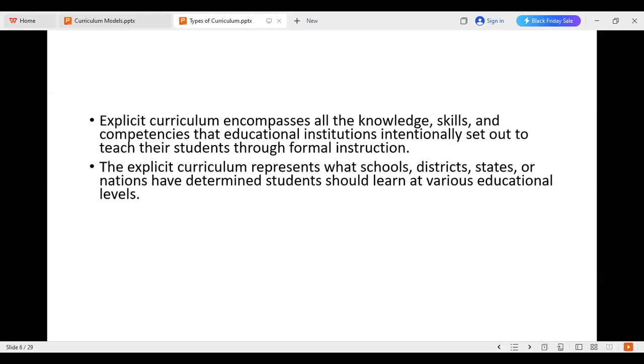The explicit curricula represent what is taught in schools. We have used district or zone.